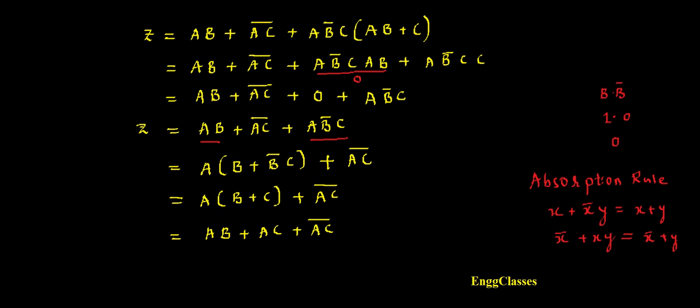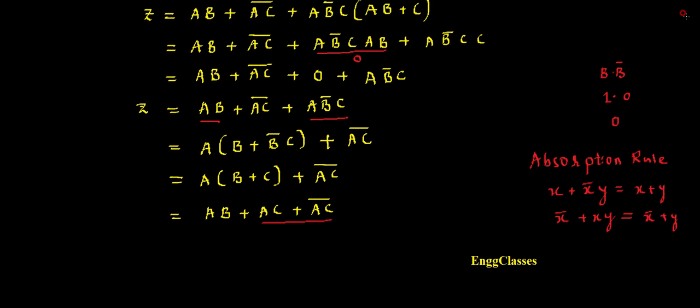Can I simplify these terms? The answer is yes. I can consider these two terms, which look like x plus x bar. Using the truth table of OR, x plus x bar is 1. So the first term is as it is, AB, plus 1, because in place of x I have AC, so AC plus AC whole bar is always 1.